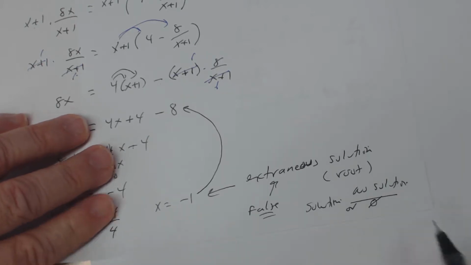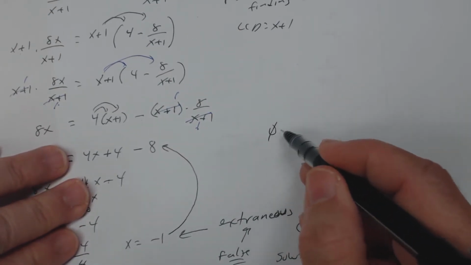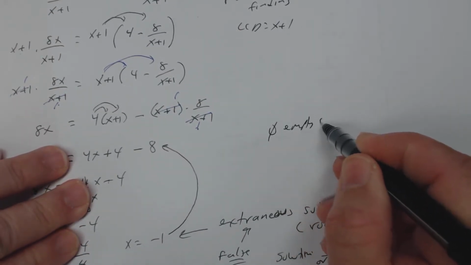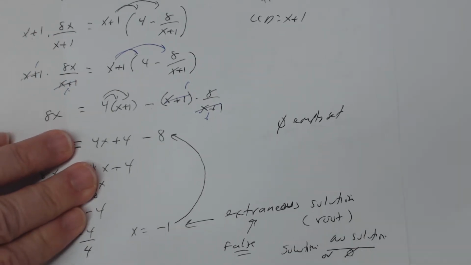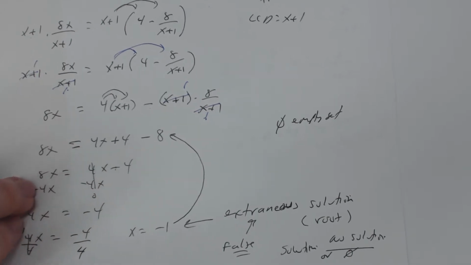This is a symbol for empty set. So empty set. Okay, so you can say no solution, or you can say the empty set. Does not matter. Just make sure that you don't make it look like a 0. This is a 0 with a slash mark through it. All right, so that's number 1.